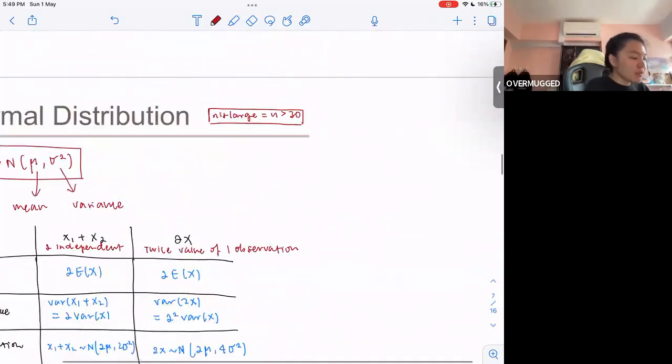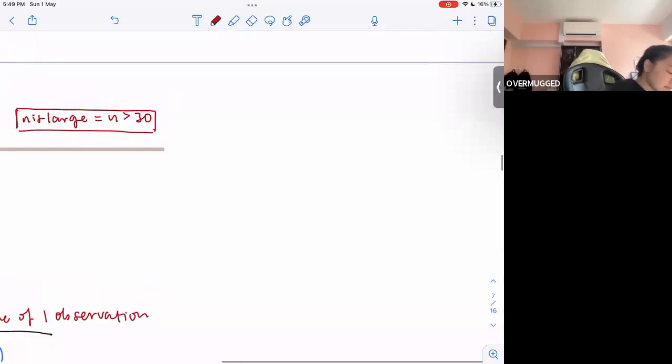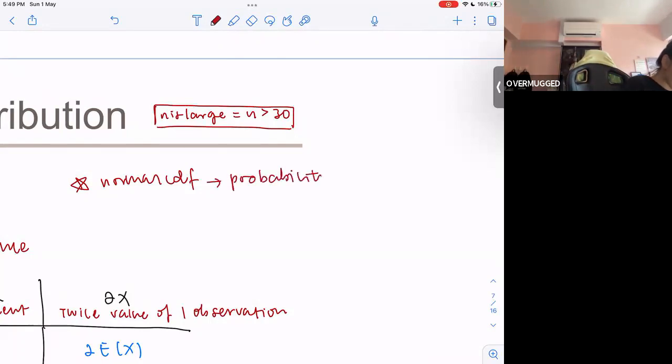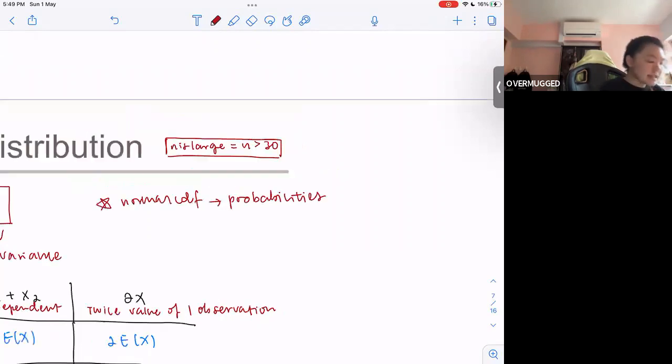For normal distribution, we use mainly normal CDF to find probabilities. And there are different question types.